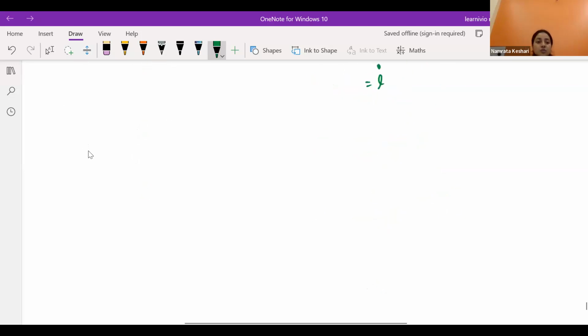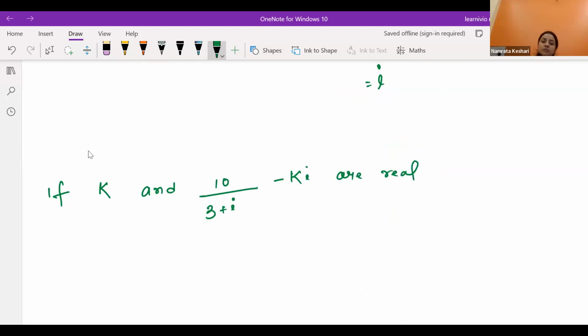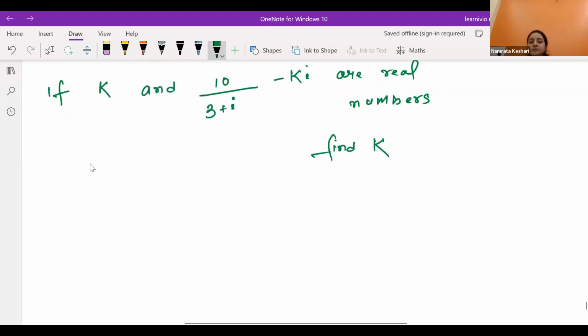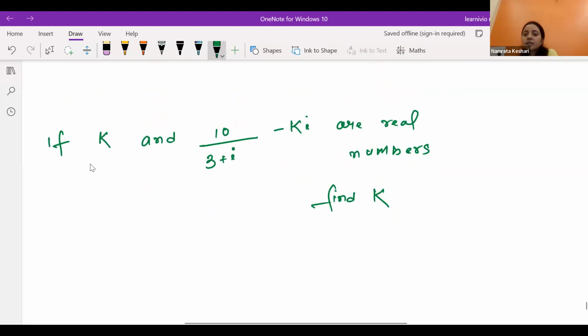Now the next question is if K and 10 by 3 plus I minus Ki are real number, find K. Okay?